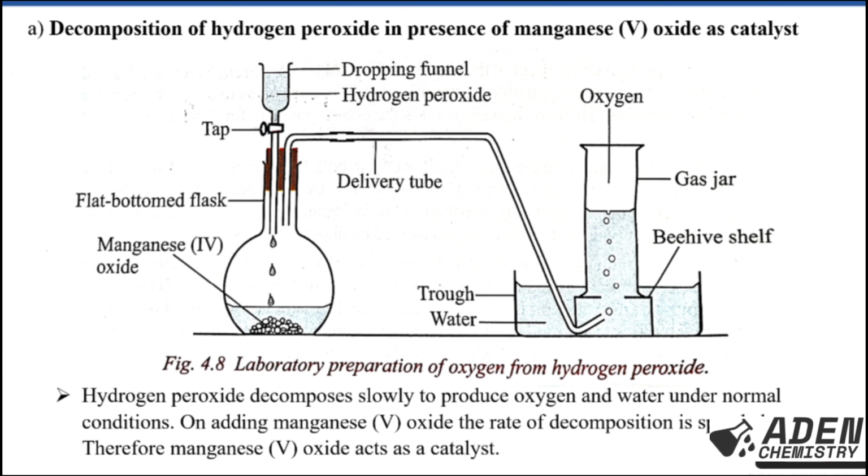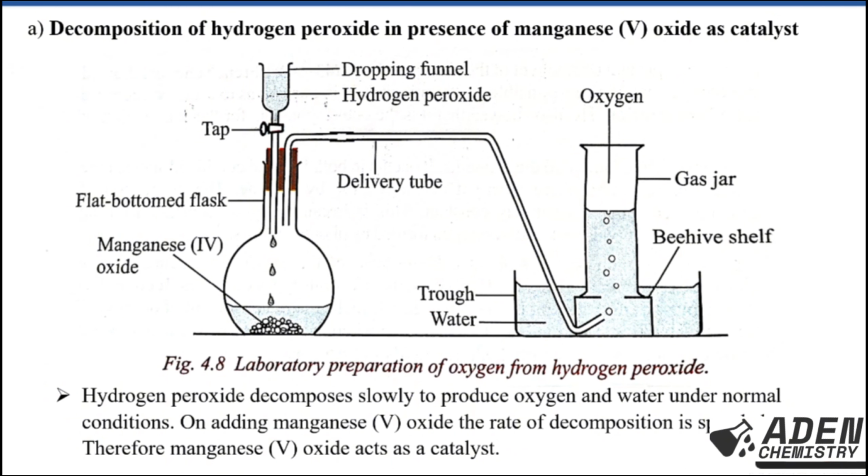When hydrogen peroxide decomposes in the presence of manganese peroxide, a colorless gas is produced and goes through the delivery tube. The gas is collected by the overwater method of gas collection, with the beehive shelf, the trough, and the water.